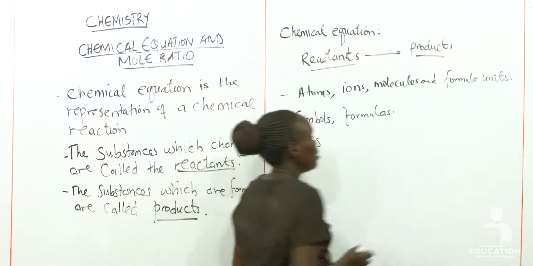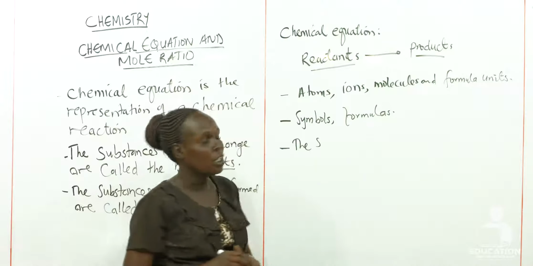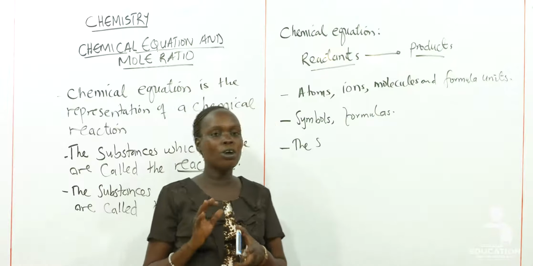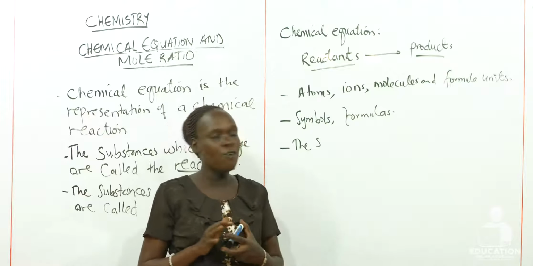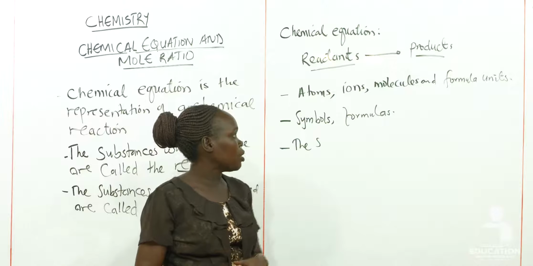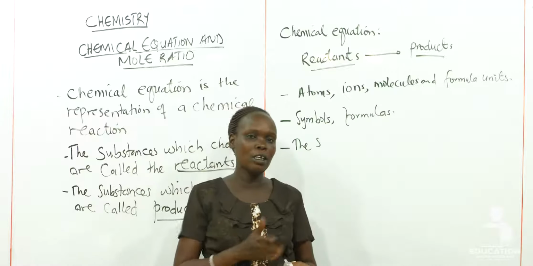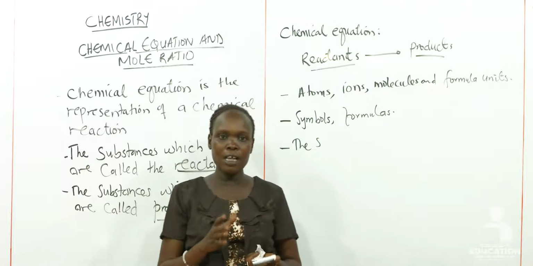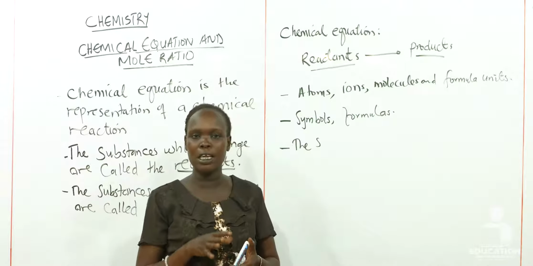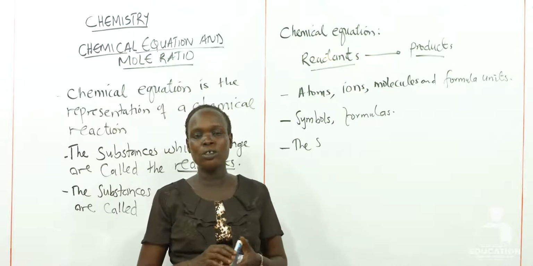So here we are representing the chemical equation by atoms, ions, molecules, or formula units. We have to remember that the symbols and the formulas are the ones working in this case. If you are asked to write a chemical equation, put into your mind that you are going to use either symbols or formulas.